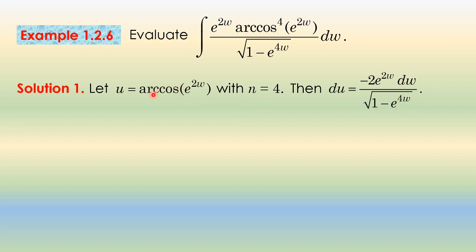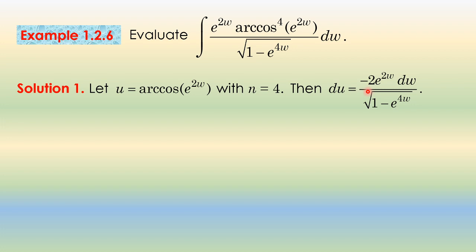The derivative of arc cosine is negative, so we have a negative here. Then the derivative of its argument, e to the 2w, is 2 e to the 2w, over the square root of 1 minus the square of this, so we get the square root of 1 minus e to the 4w.